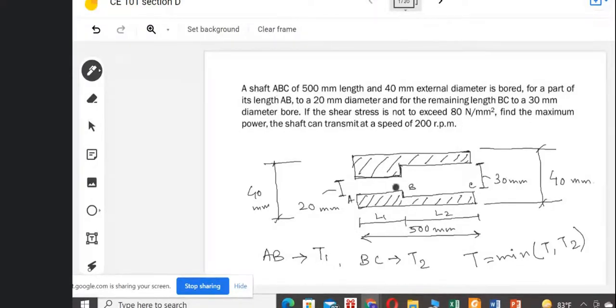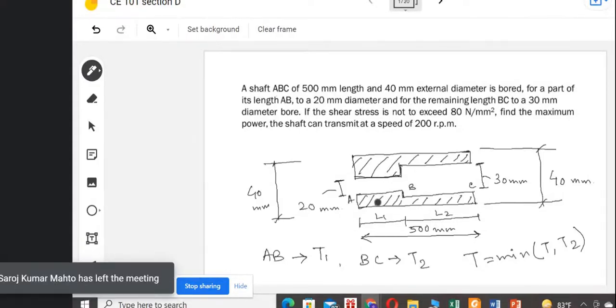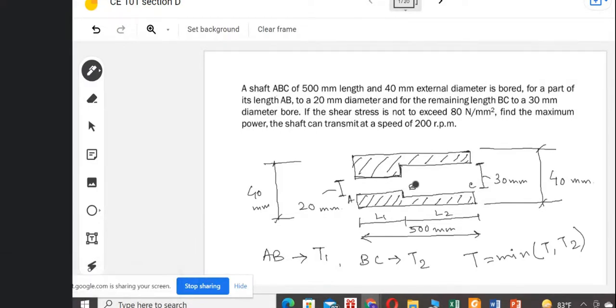Second thing, I can ask you this one. If this section and this section are connected and given some applied twisting moment, what thing will be common in both the sections AB and BC?